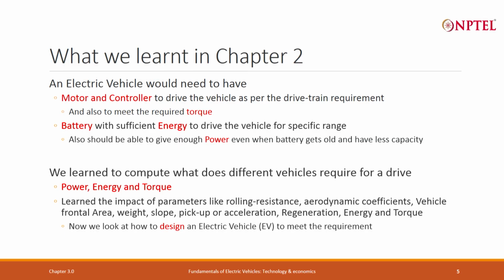We learned to compute what different vehicles require for a drive: power, energy and torque. Learn the impact of parameters like rolling resistance, aerodynamic coefficient, vehicle frontal area, weight, slope, pickup acceleration, regeneration. Now, we will look at the design of electric vehicle.